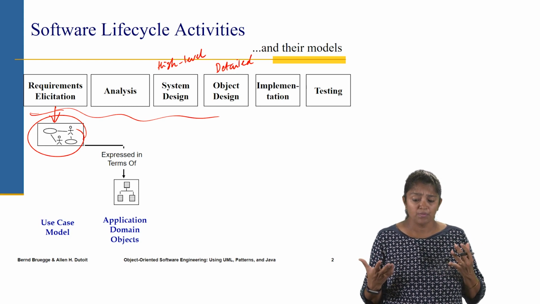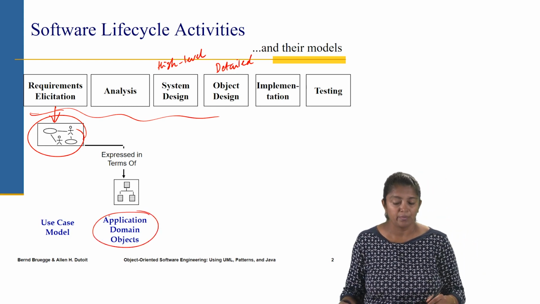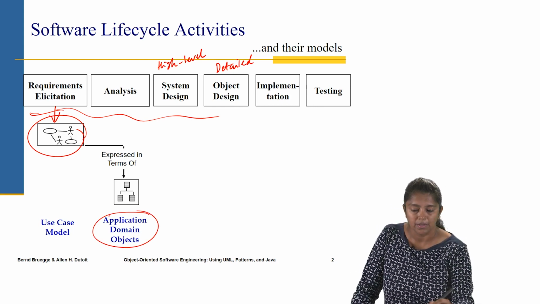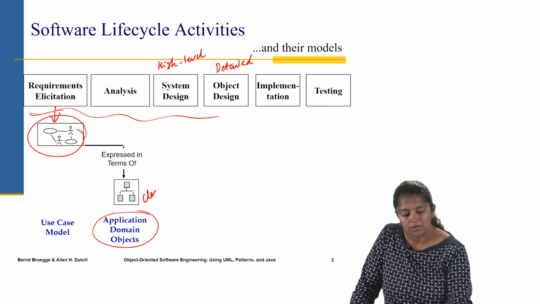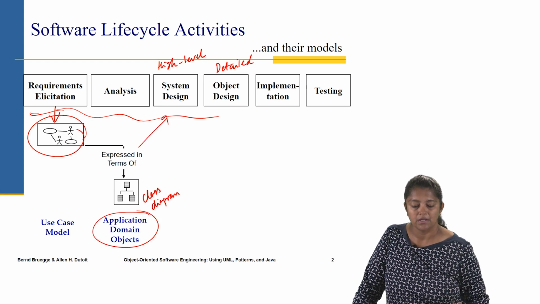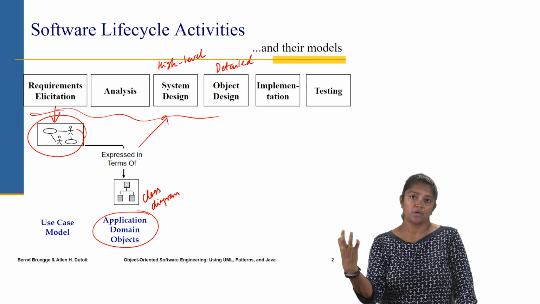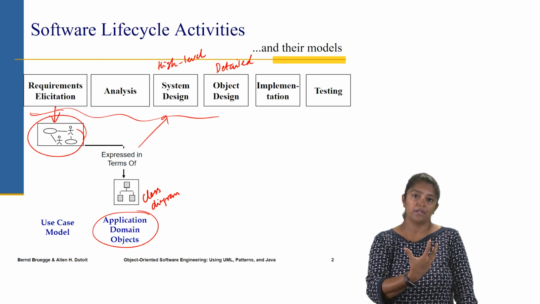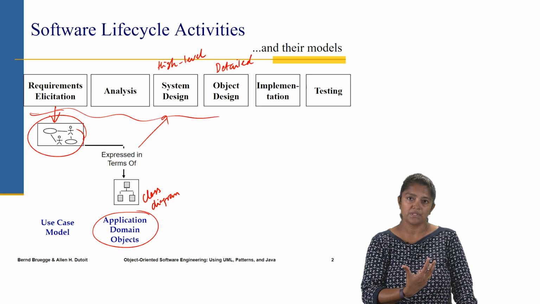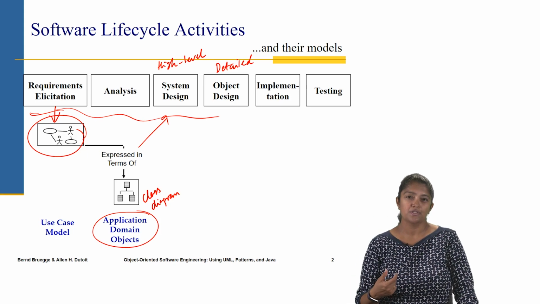Then this use case model is expressed in terms of application domain objects. That's done through a class diagram, which is part of the high level system design. So we come up with a use case model and then determine the domain objects that are participating in this use case model.